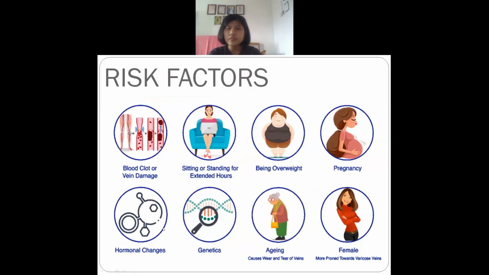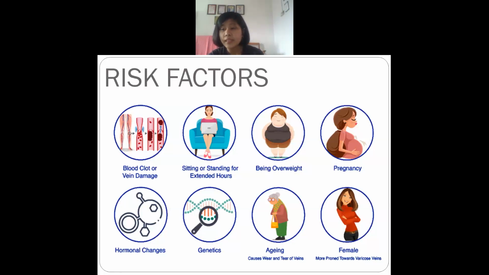Okay, so risk factors: who are most likely to have this varicose vein, who are at risk of having it. If there is any blood clot or vein damage, all those individuals are at risk of having this varicose vein.